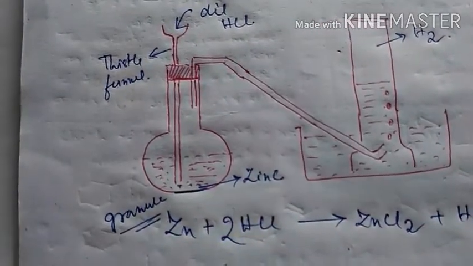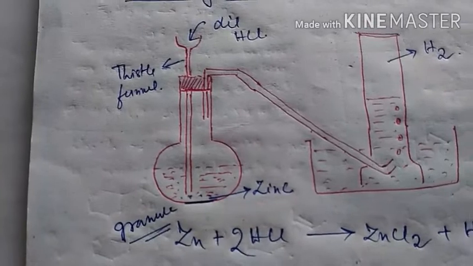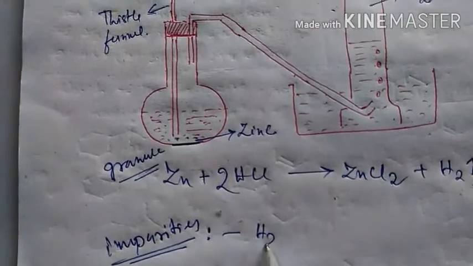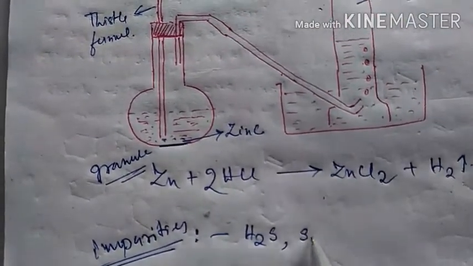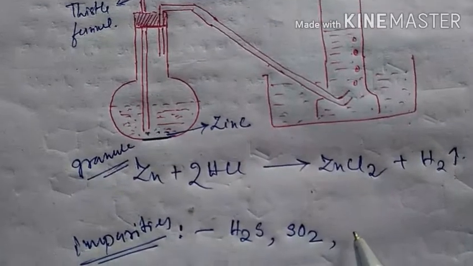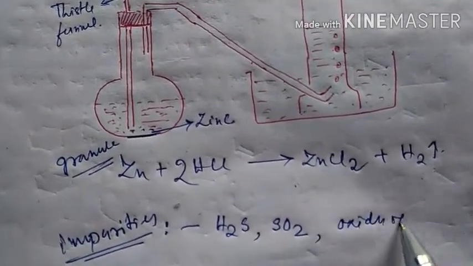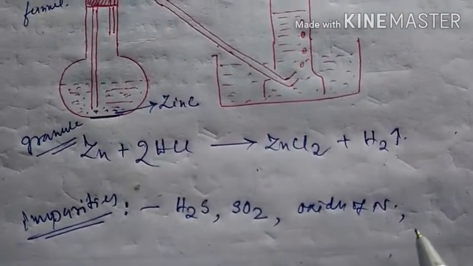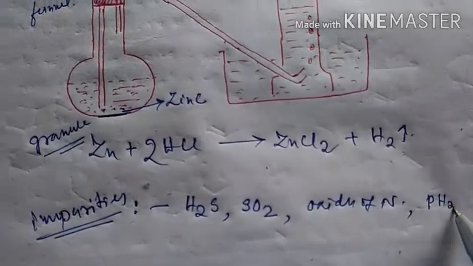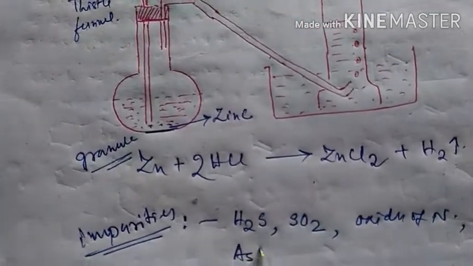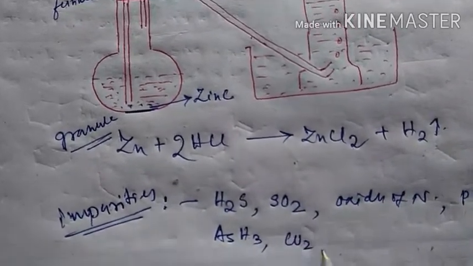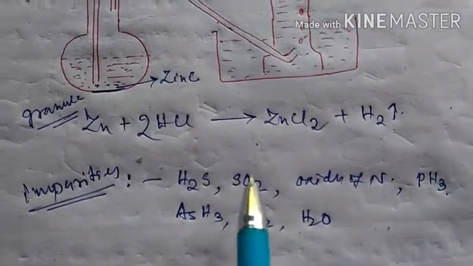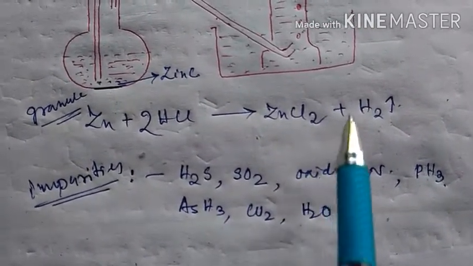The impurities I'm writing here are gases like H2S, hydrogen sulfide, sulfur dioxide, different oxides of nitrogen like N2O, NO, etc., and phosphine, arsine, carbon dioxide, and water vapor. So these are the gases that come as impurities during this preparation of hydrogen gas.